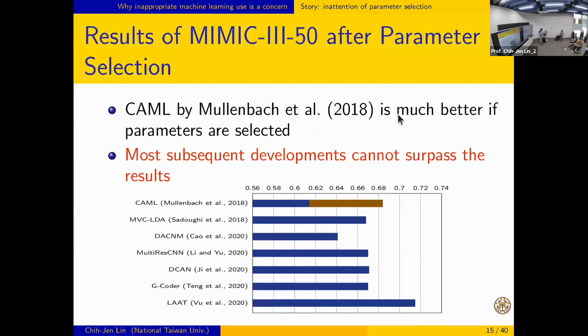So it turns out that their results can actually be much better if they have done a separate hyperparameter selection, so that most subsequent developments actually cannot claim to be better than the original results.